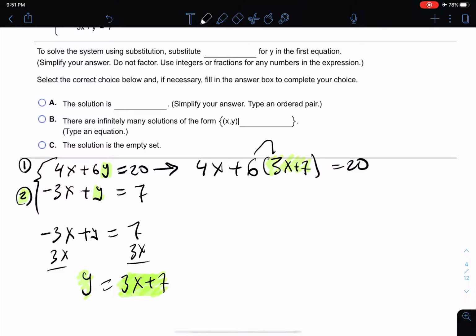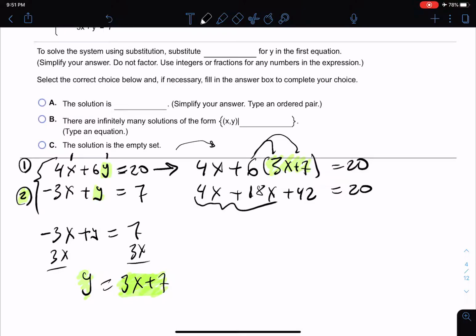Once again, what this did for us, let's go ahead and simplify. 4x, 6 times 3x gives us 18x, and 6 times 7 gives us 42. What this did for us is it turned an equation that had x and y in it, and my new equation over here now has only x's in it, which means I could simplify that and solve for x. 4x plus 18x gives me 22x plus 42.